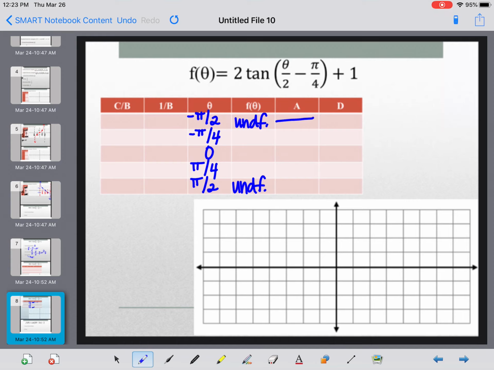Now, if those values are undefined, you cannot multiply by the a value and you cannot add the d value. So they are undefined all the way through on the right side of the table. We have actual y values for the other ones. Therefore, we can multiply by 2 and add 1.